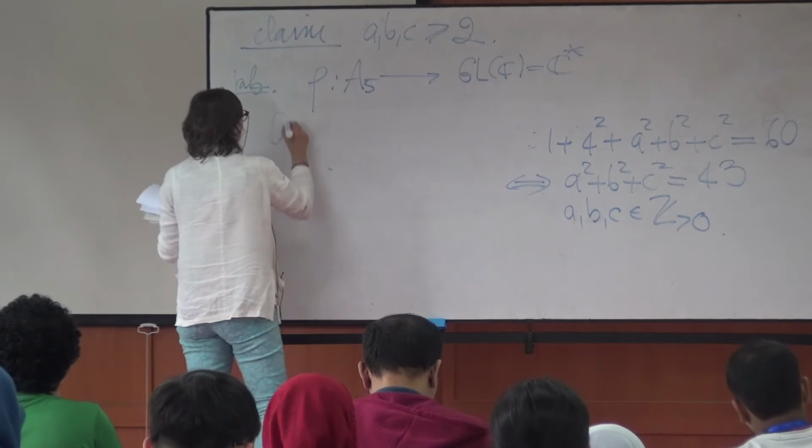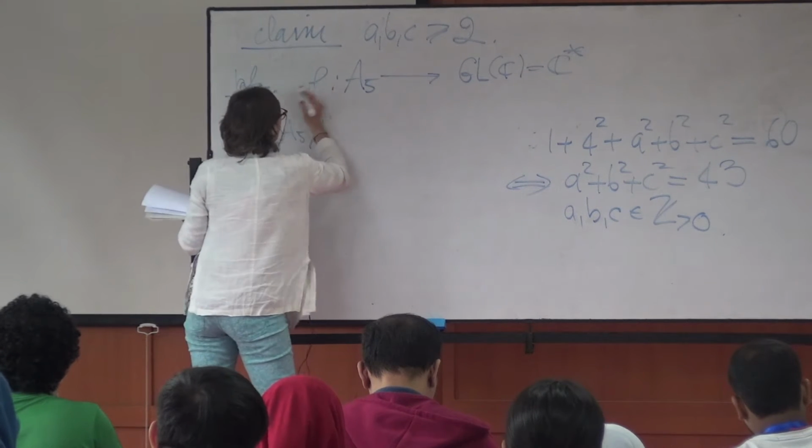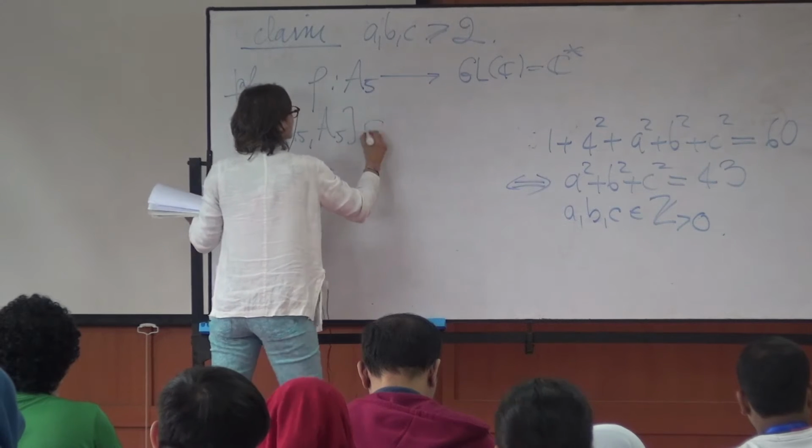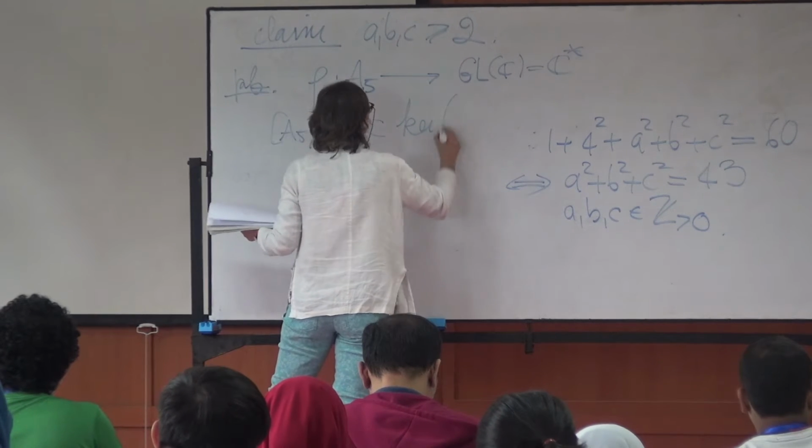This means that the commutator subgroup of A5 is contained in the kernel of rho.